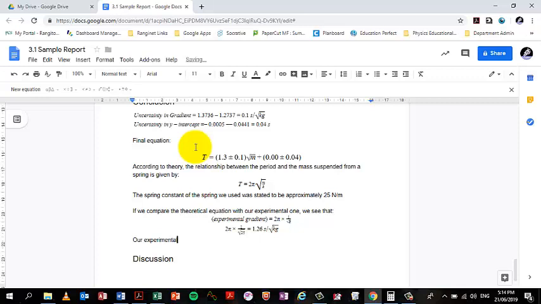Our experimental value is 1.3. I'll just copy it from here.